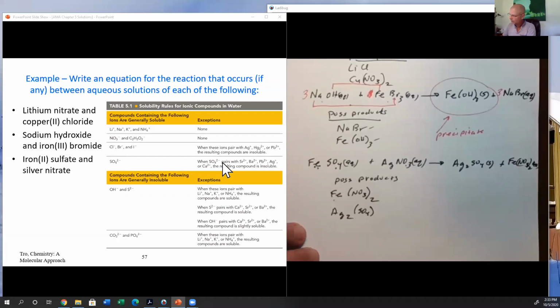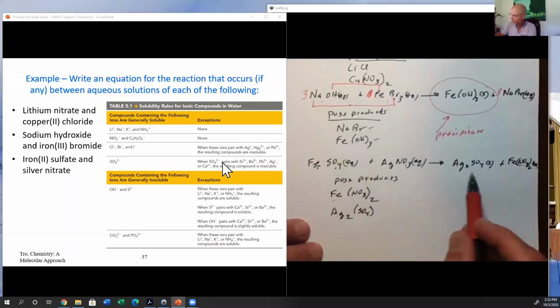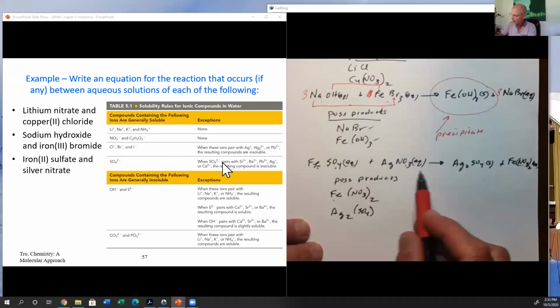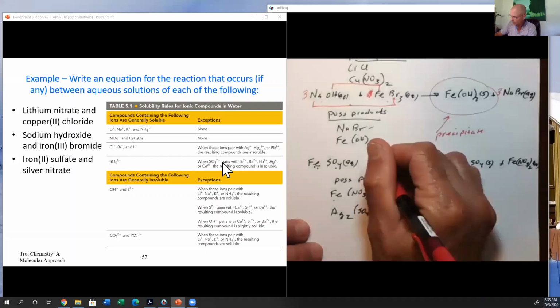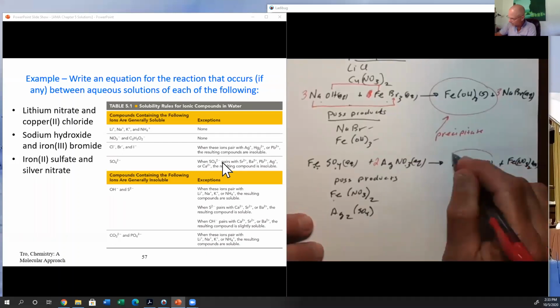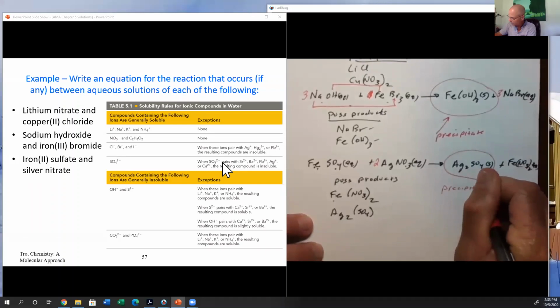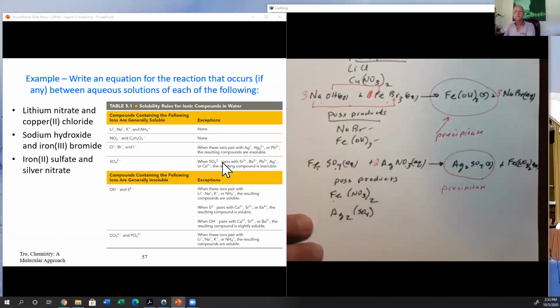I have one iron, one sulfate, so I'm good there. I have 2 silvers, so I'm going to put a 2 here, and then 2 nitrates and 2 nitrates. So that's balanced. And of course, this is my precipitate.